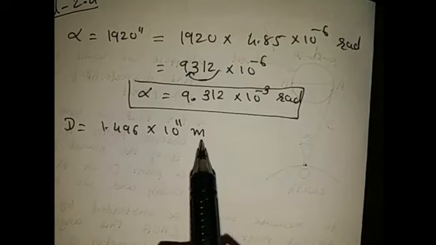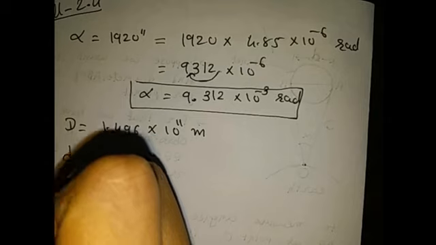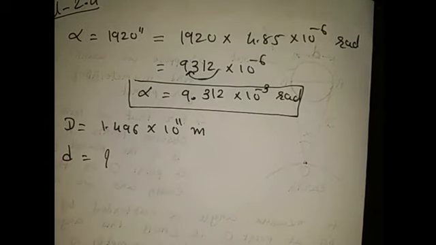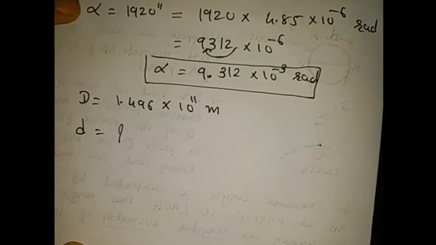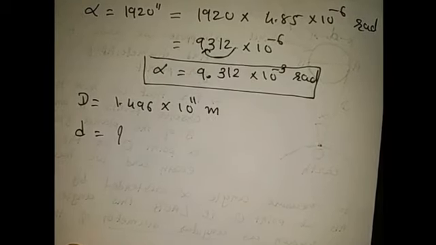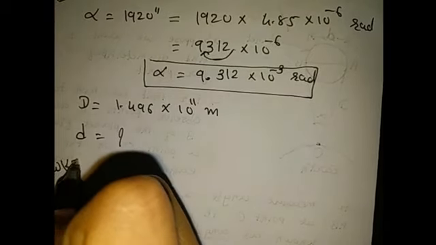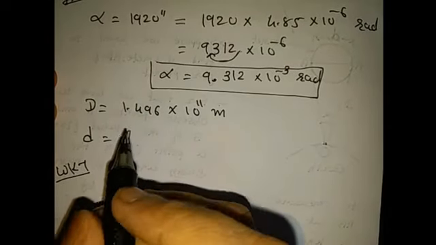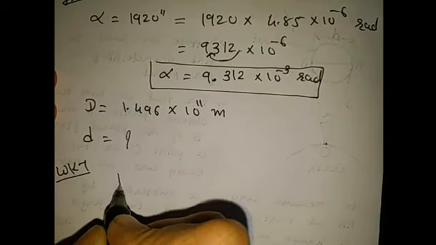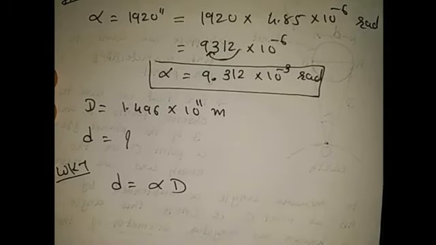Now what I want to find, diameter of sun. That means small d is to be obtained, right? Okay. Now given things alpha and capital D are given, small d is to obtain. Now we have to think which formula can we use. So we know that small d is equals to alpha into capital D. This is my formula, right?